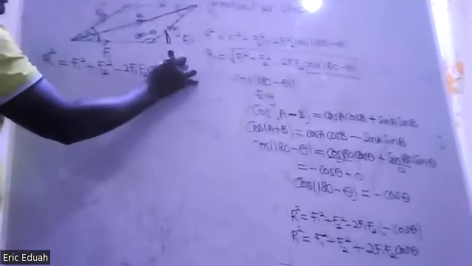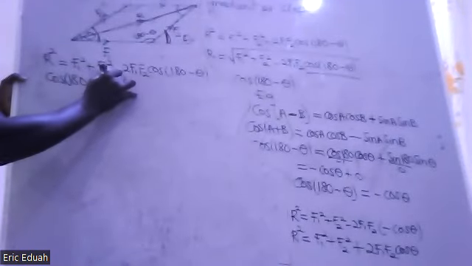Okay, so we have established that the resultant R squared will be equal to F1 squared plus F2 squared minus 2F1 F2 cos of 180 minus theta.